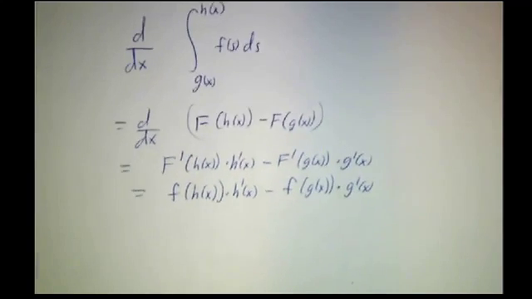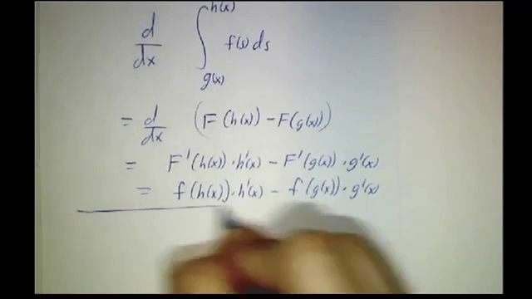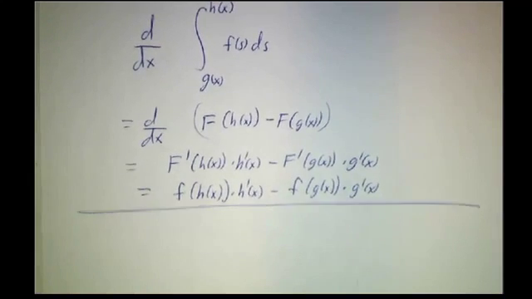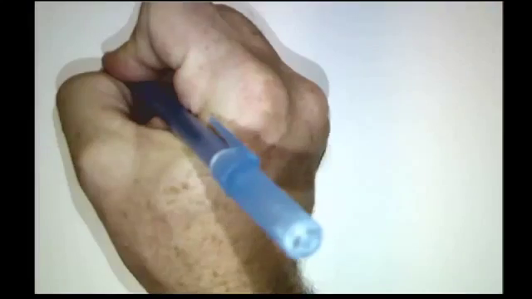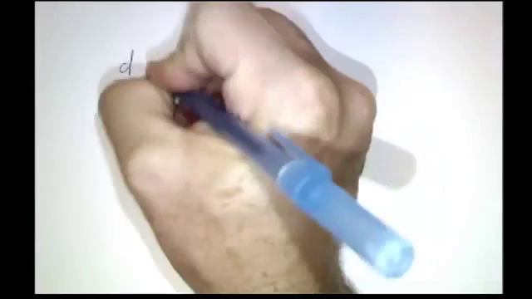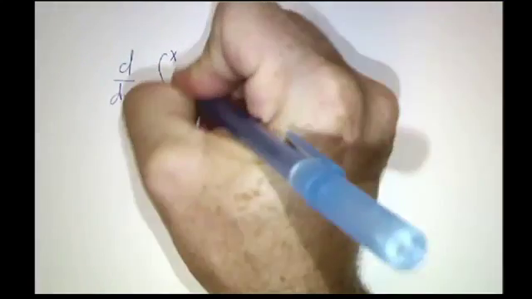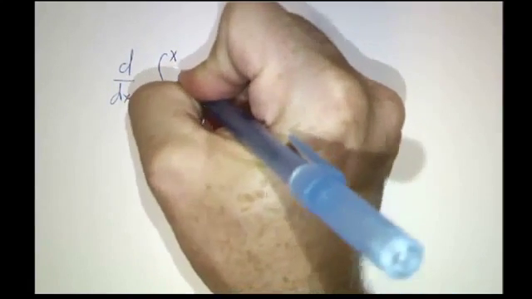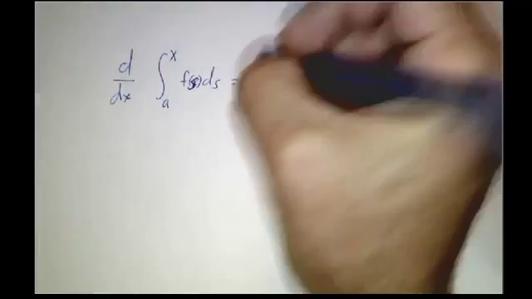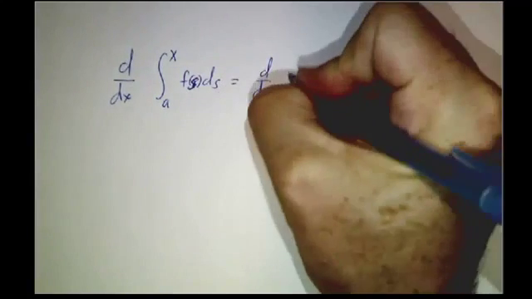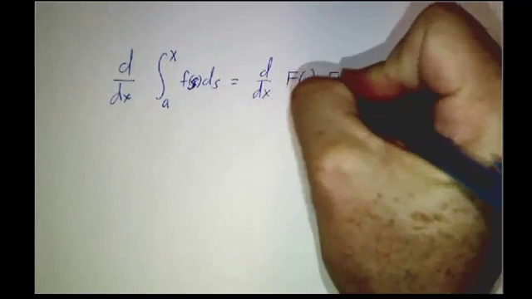In fact, this is a backdoor way of seeing why the first fundamental theorem is true. If you believe that every function has an antiderivative, and for that you really do need to go through the proof of the first fundamental theorem, but if you believe that antiderivatives exist, then the derivative of the integral from a to x of f of s ds is the derivative of big F of x minus big F of a.